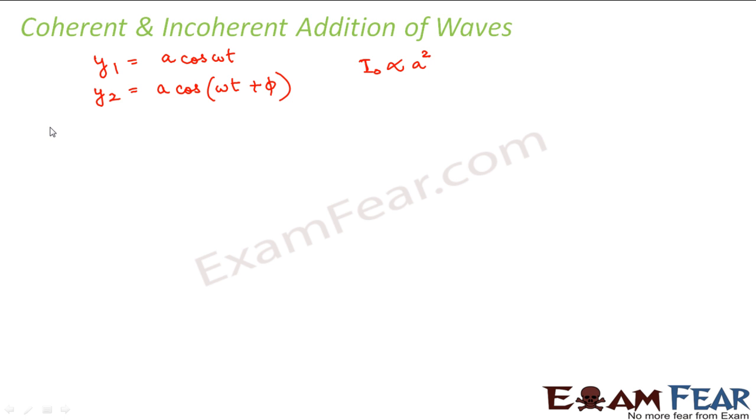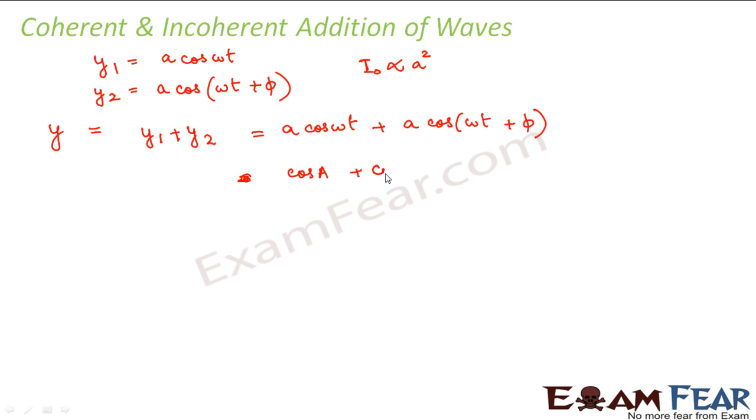So what would be the resultant displacement? It would be nothing but vector addition of y1 and y2. So this comes out to be a cos omega t plus a cos omega t plus phi. This can be simplified using cos A plus cos B, which is 2 cos A plus B by 2 cos A minus B by 2.